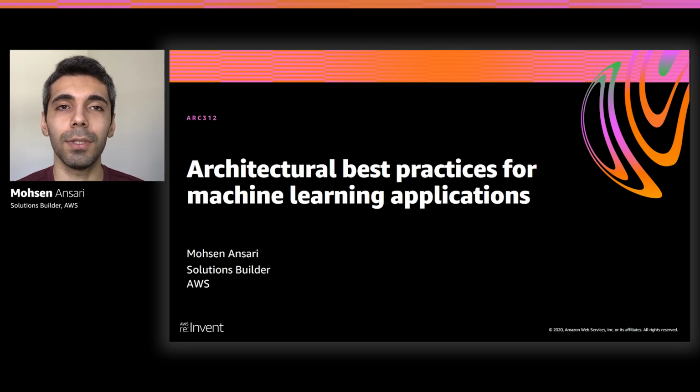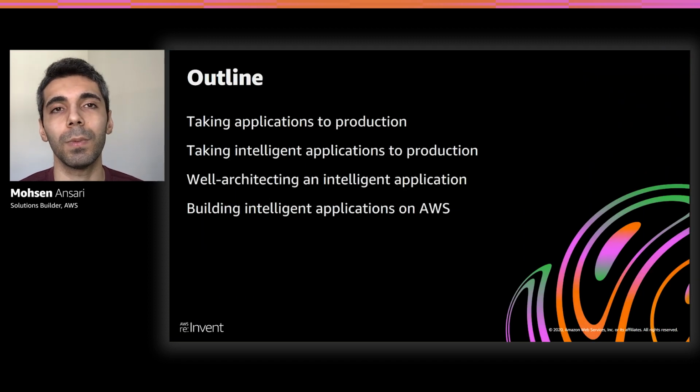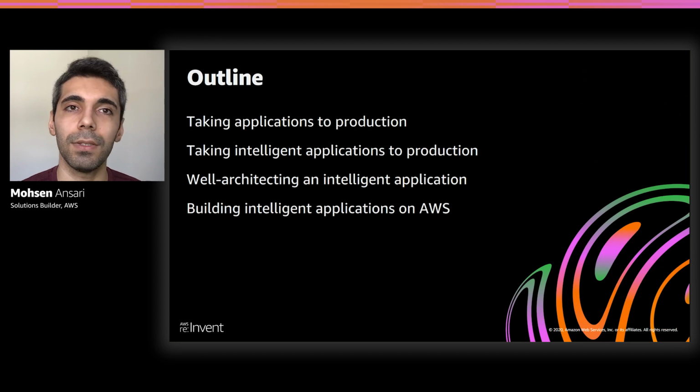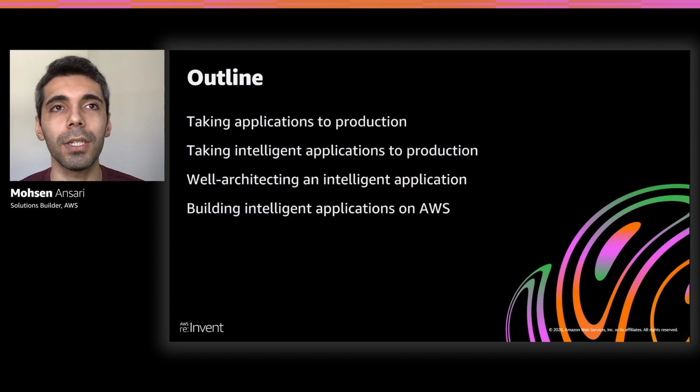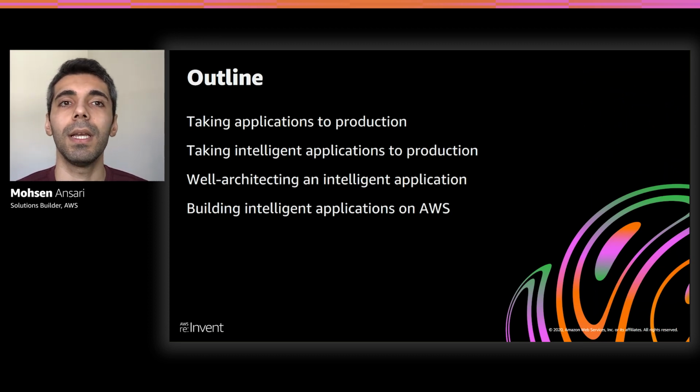I'm a solution builder in AWS, and today I'm going to talk about architectural best practices for machine learning applications. So the outline of this presentation is: at first we're going to talk about taking regular software applications from development environment to production, and then we're going to compare that to taking machine learning applications from development environment to production environment.